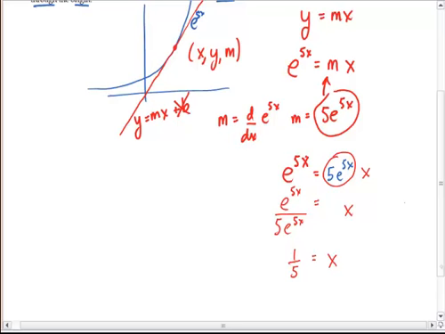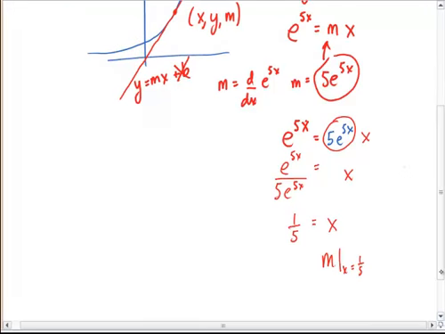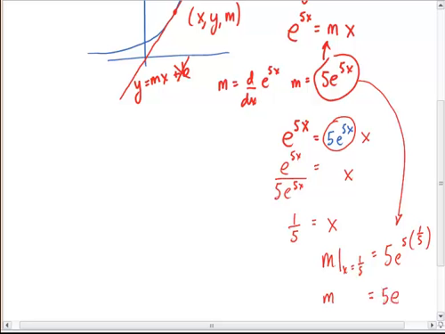Knowing that, I can now figure out my slope at x equals 1/5, and I'll use that slope to find my equation of tangency. The slope at x equals 1/5 is 5e to the 5x, plugging in my x value, 1/5. So my slope is going to be 5e to the first power.